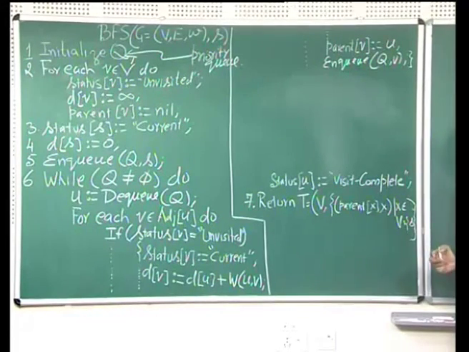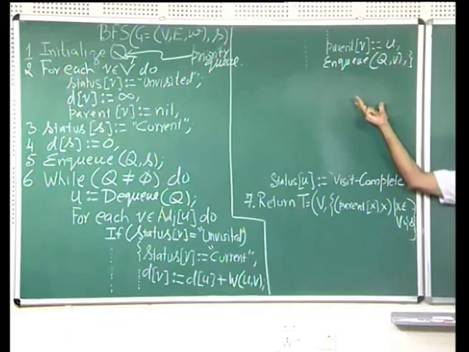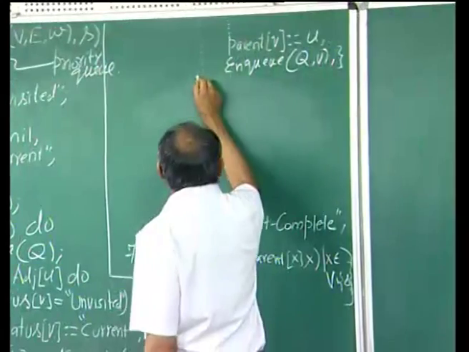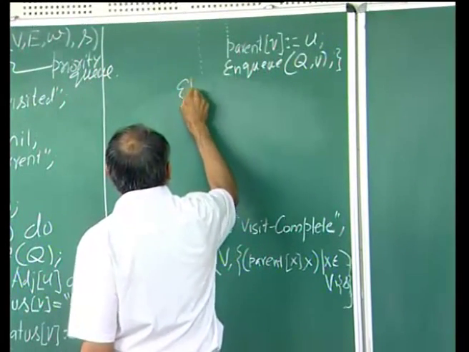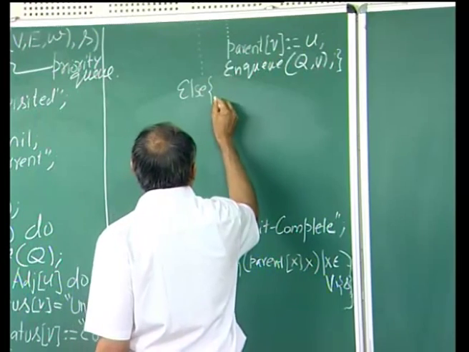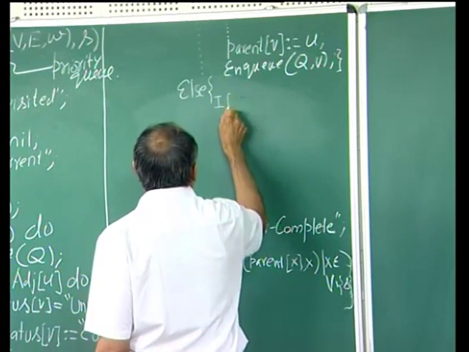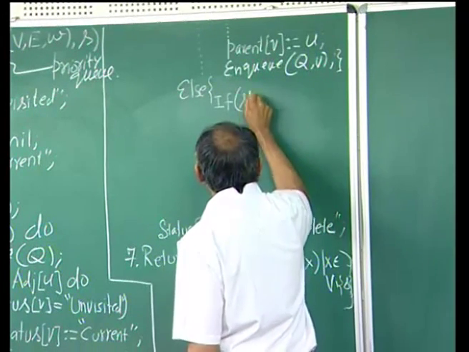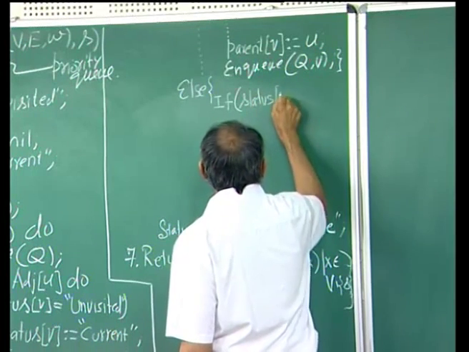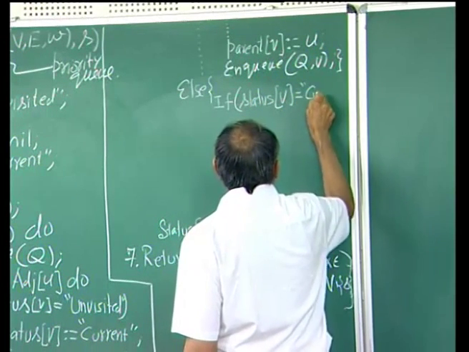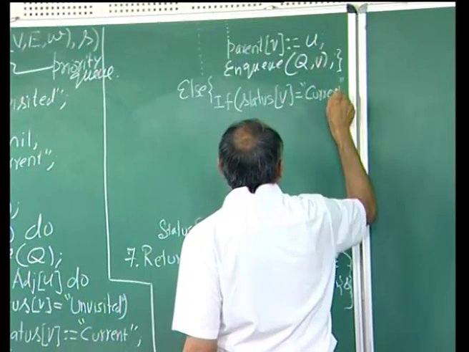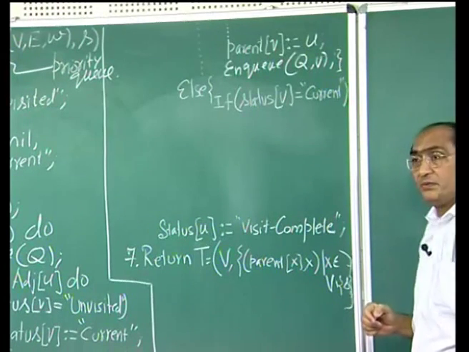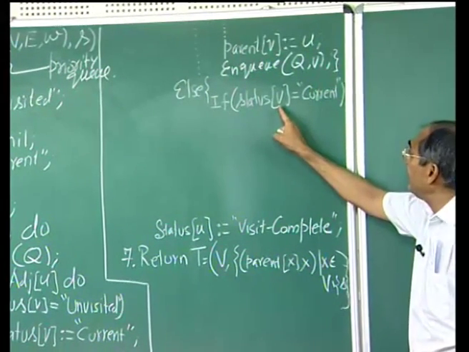But now, as we noticed in the example, we cannot ignore any other situations. We will do the following. What we will say is, else if the status of v is current, then this is a situation when the v is in current status.